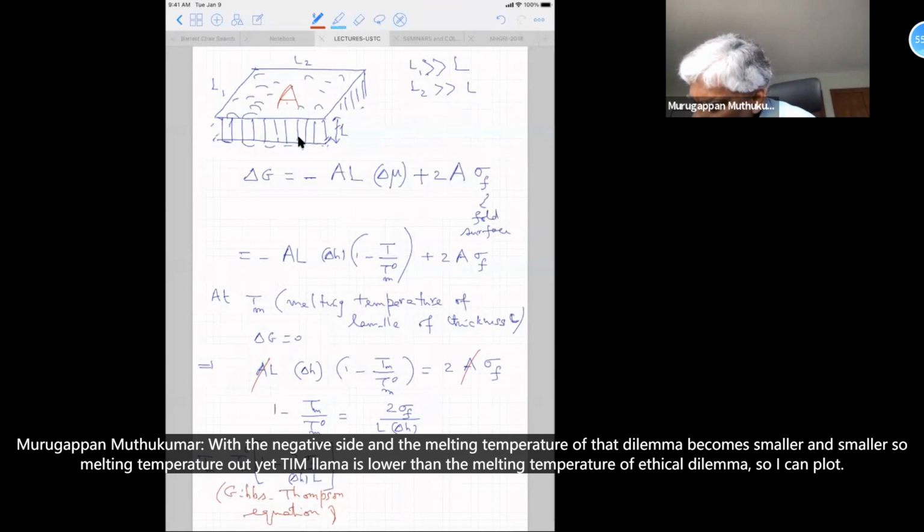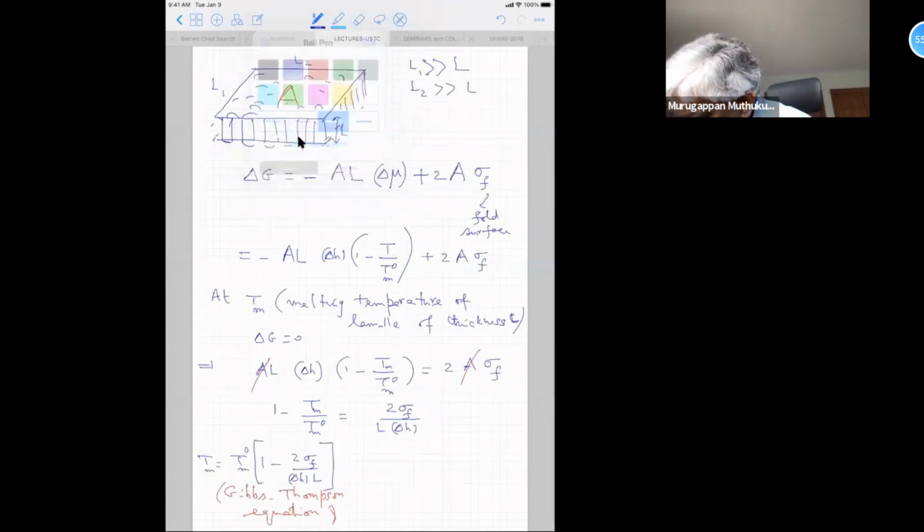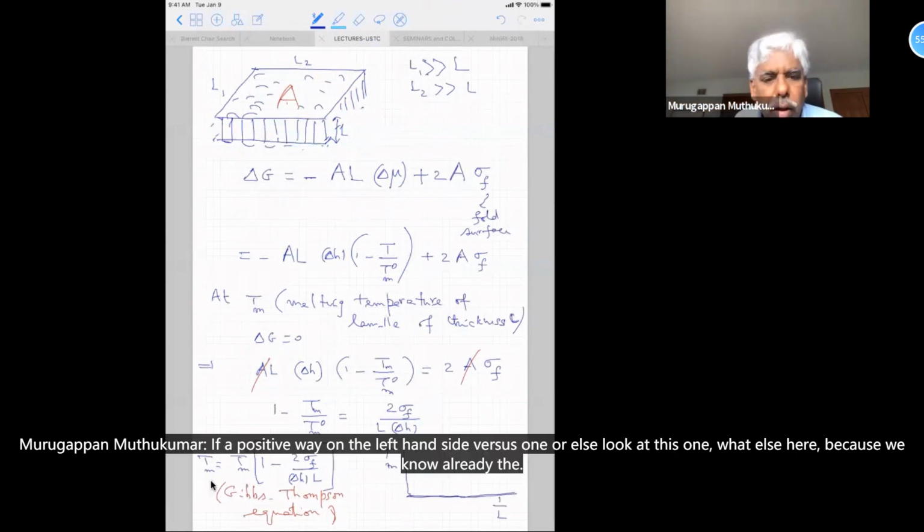So I can plot Tm versus 1 over L. If I plot Tm on the y-axis, the left-hand side, versus 1 over L, look at this, 1 over L here.